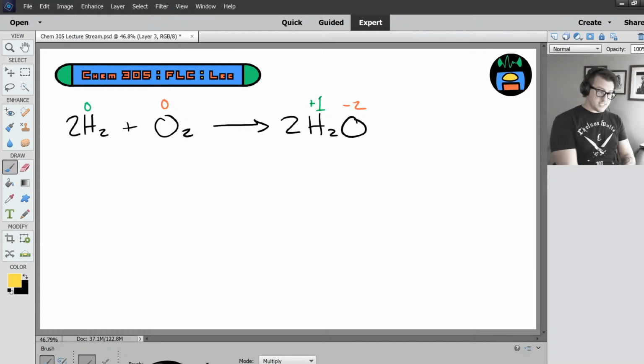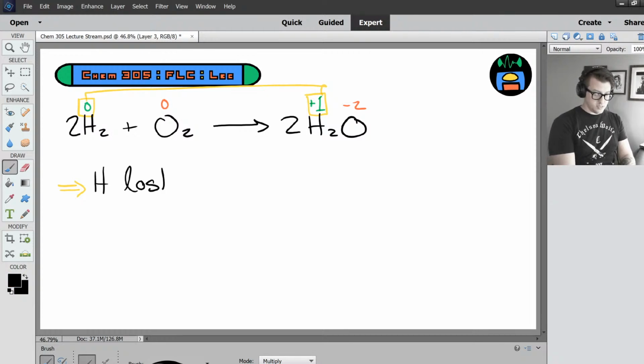The first change I see is with hydrogen. It started at 0 and ended at +1. That means that hydrogen has lost electrons in this process. It started at 0, then it got positive, which means it's lost negative charges.